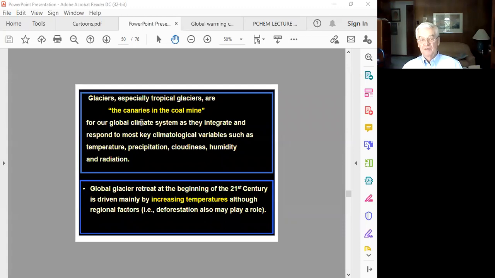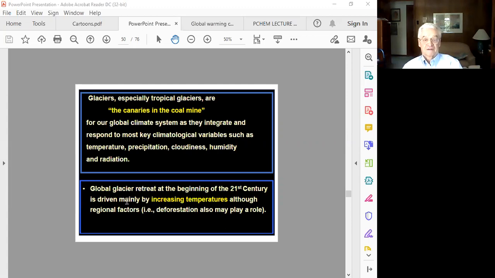Humans can maybe tolerate changes or bad air better than a canary. So if you have a canary in a coal mine and it croaks off, it's time for the humans to get out of there. So he's pointing out here that glaciers are more sensitive to climate change, and so they're a good forewarning of what to be careful about.